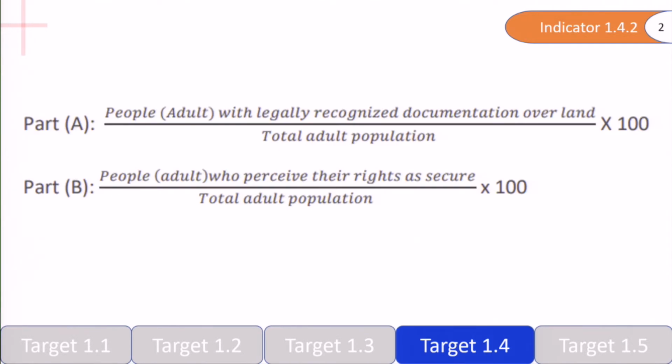1.4.2. The metric to calculate the two parts is given: the adults with legally recognized documents over the land divided by the total adult population. For the second part, it is the people who perceive they have the right to the land divided by the total adult population. The total composite value is taken to arrive at the value for indicator 1.4.2.